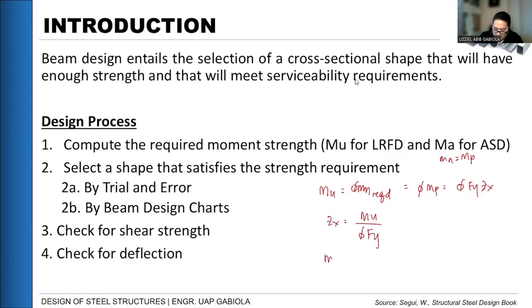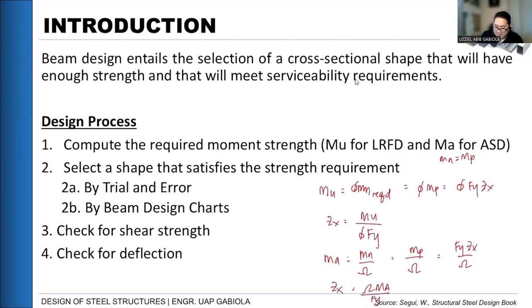Pag allowable naman, equal sa Mn over omega natin. So, this will become yung plastic modulus natin over omega. Then, we will have Fy Zx over omega. So, if we need to calculate for Zx using ASD, so that will be omega Ma over Fy.